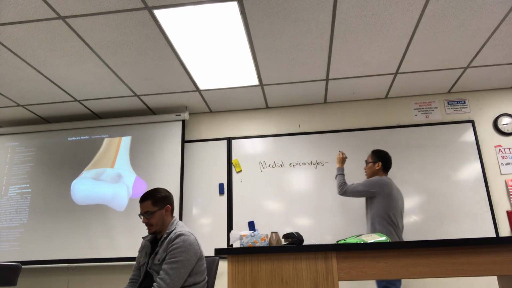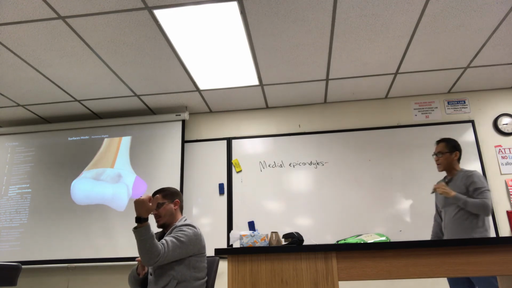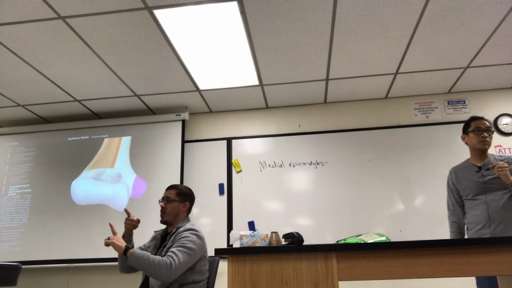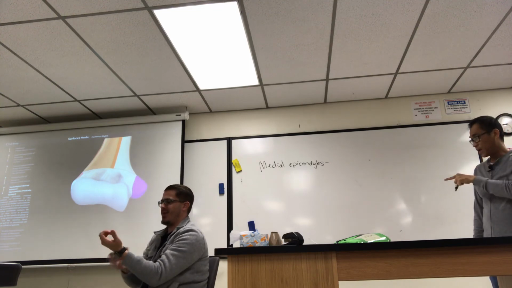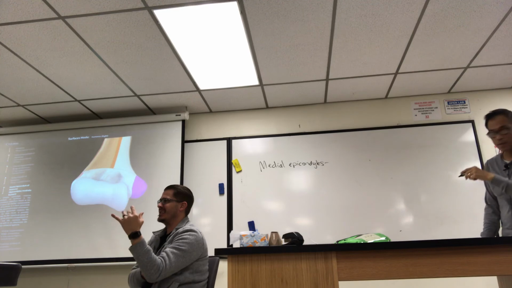The medial epicondyle is a big attachment point for a lot of forearm muscles. There's a lot of wrist and digit flexors that attach to the medial epicondyle.